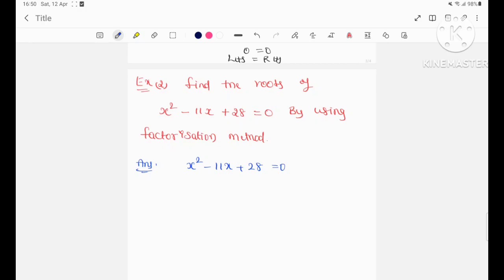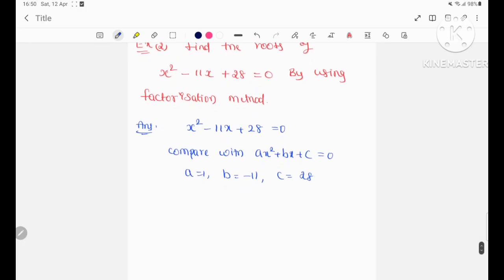So compare with ax square plus bx plus c equal to 0: a equal to 1, b equal to minus 11 and c equal to 28.